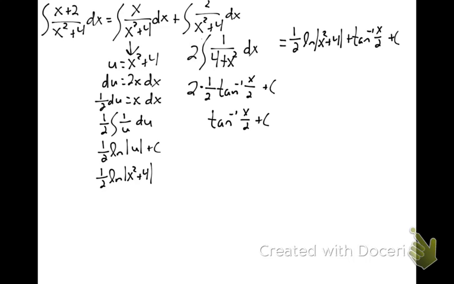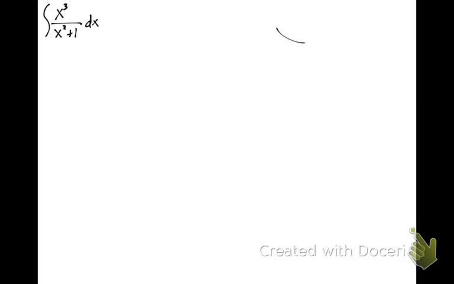Our final problem is the integral of x cubed over x squared plus 1. We could try all sorts of different things, but one thing to consider is that this is just x cubed divided by x squared plus 1. And if we do the long division, this becomes x, and then if I multiply, I'll get x cubed plus x, and subtracting, I'll end up with negative x.